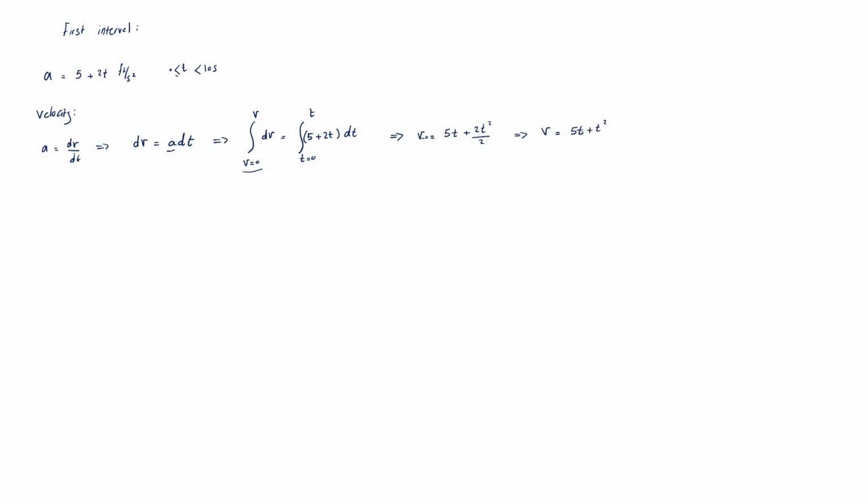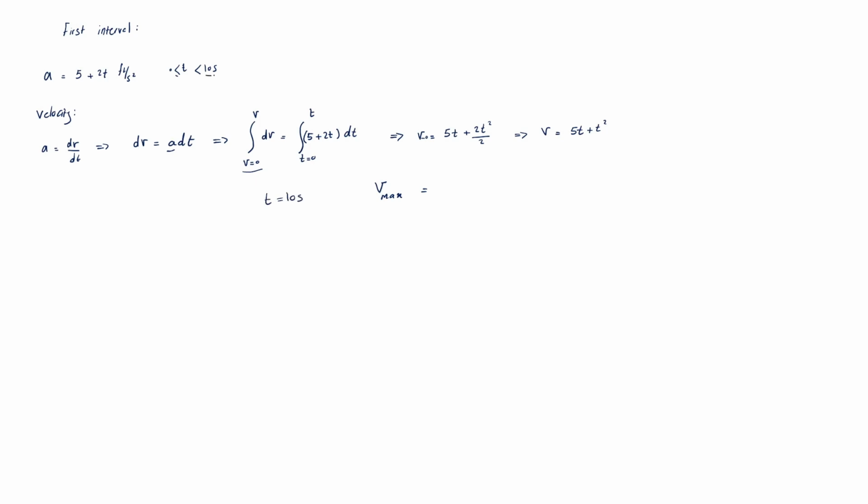For part A, we have to find the maximum of the velocity. But as you can see, the velocity is an increasing monotone function. So the maximum of the velocity occurs at the end of the interval, which is at time 10 seconds.